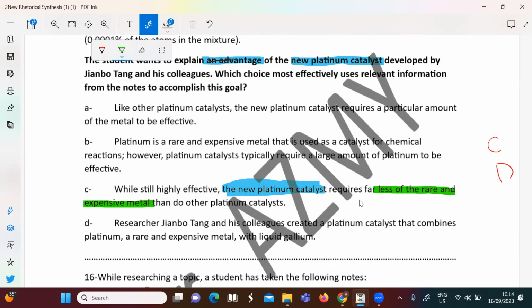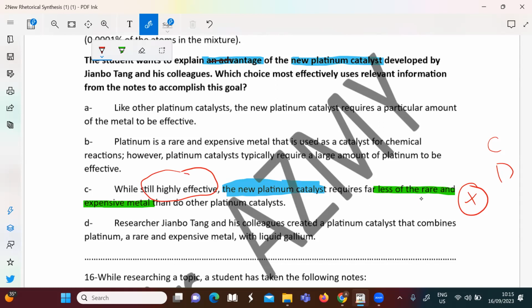When it requires less expensive metal, is this positive or negative? Positive. Because while it's still highly effective, it requires less, and meanwhile less expensive metal.